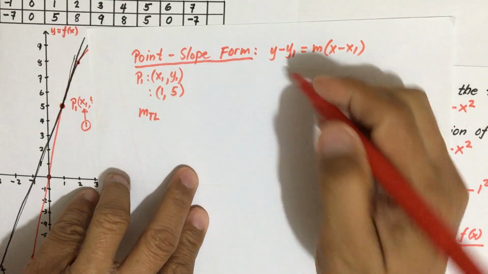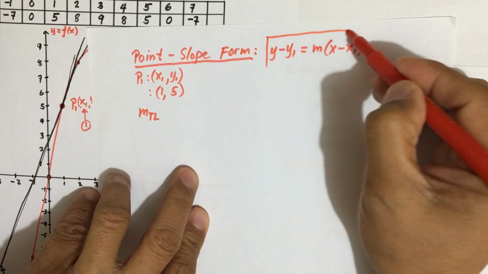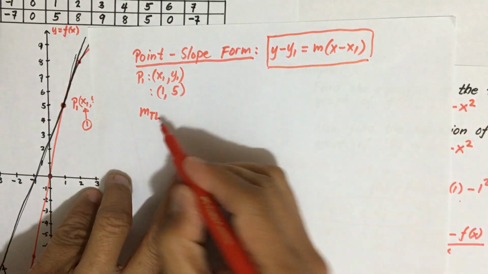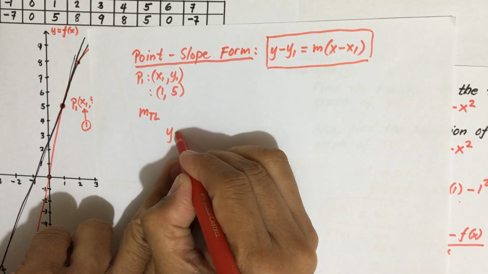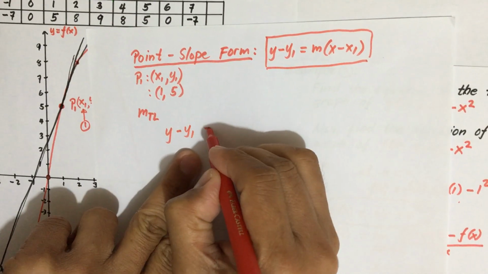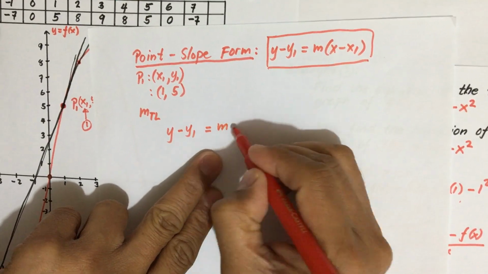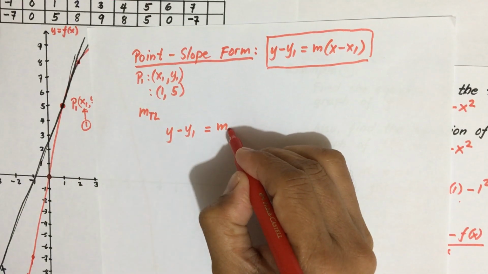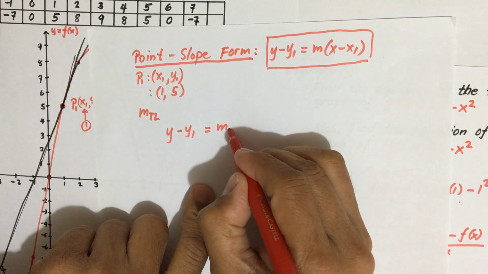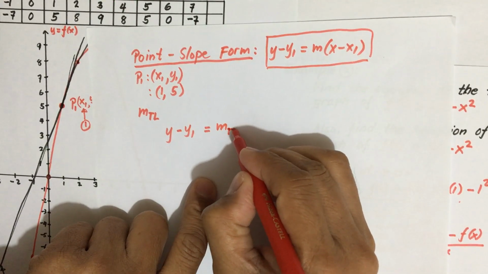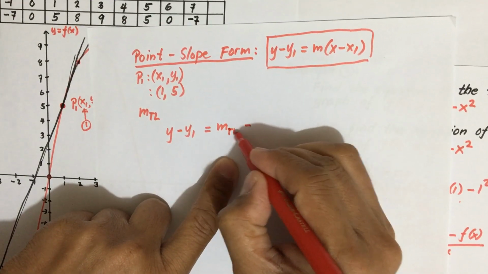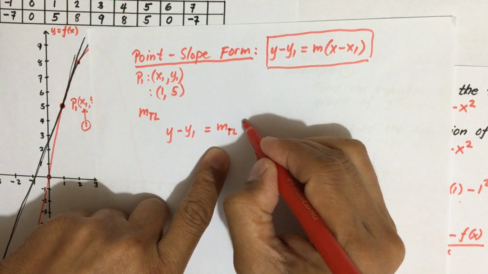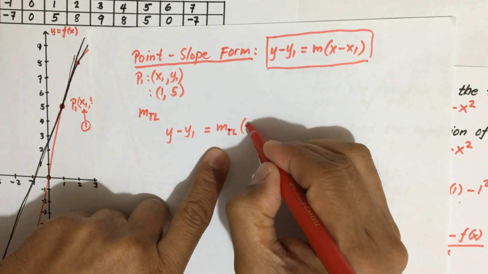So from the point-slope form, we can use y minus y1 equal to m, but our slope is the slope of the tangent line, m of TL, which is equal to 4. But now let's write this equation first.